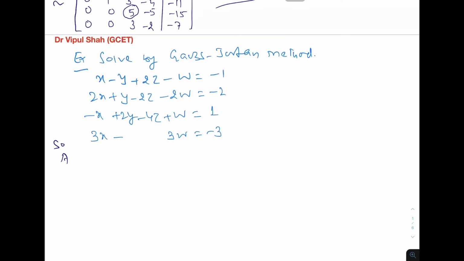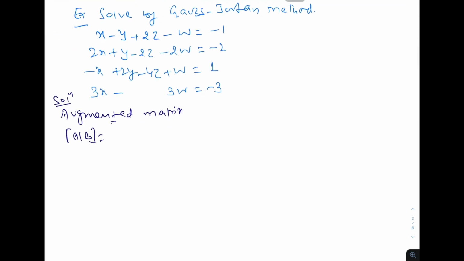So the augmented matrix is, so this is 1, then -1, 2, -1 and -1. So that is from the first row. Okay.